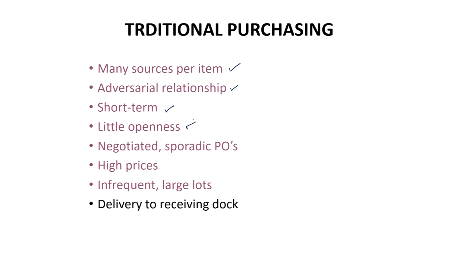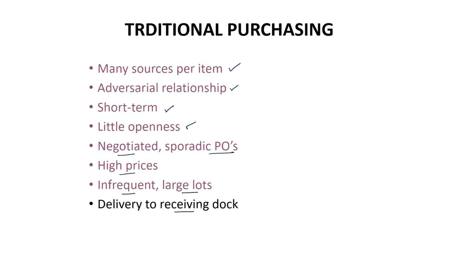We are not sharing our information, we are bargaining with him, and we consider information as the strength in bargaining. We do the negotiations, and we issue the purchase orders, and prices may be high and we purchase infrequent large lots. We take the quantity discounts and purchase in large quantities, and the material is delivered to the warehouse.